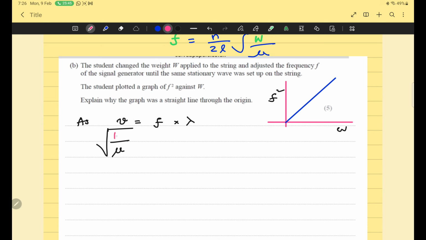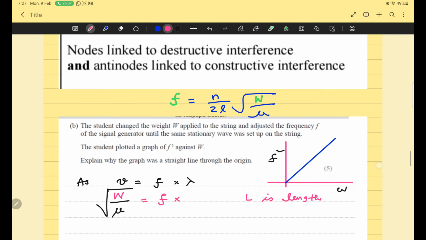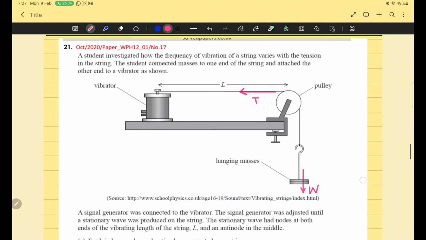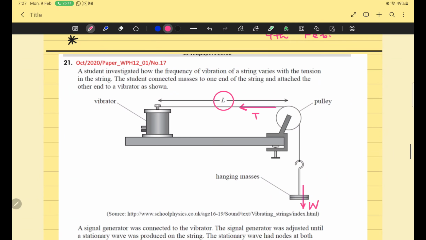I am writing weight. Sir, why? Because weight produces tension. So it is root of W by mu is equal to frequency into wavelength, and consider L is the length of the string, and I think it is given in the question. Yes, it is given.